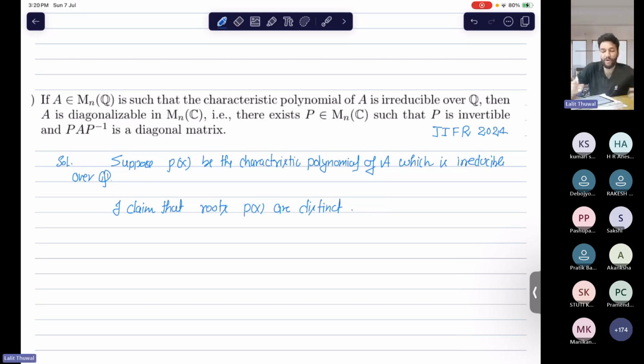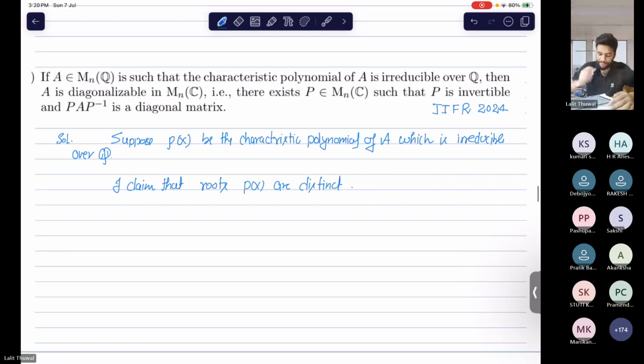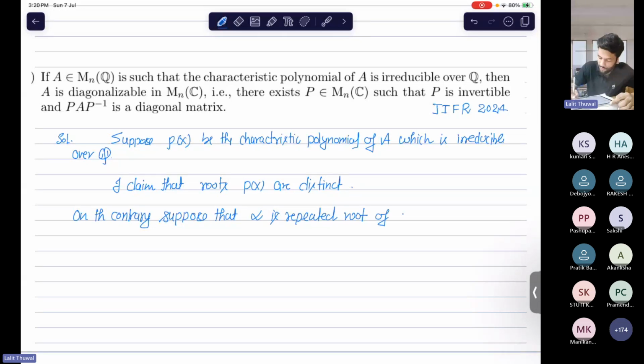Distinct. I mean, the roots will be in C, right? They are distinct. My claim is this. Why? On the contrary, suppose that alpha is a repeated root of P(x).